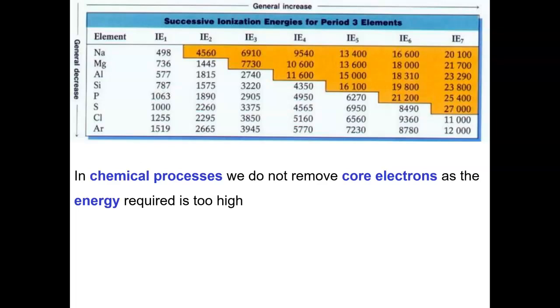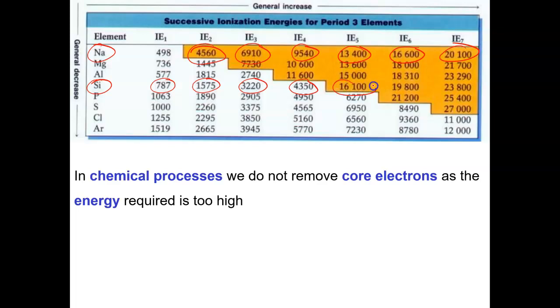If I look at the element sodium, sodium's in group 1A, so it has one valence electron. And you can see that the electrons that are removed after the first electron are really, really tough to remove. If I go to silicon, silicon is in group 4A and has 4 valence electrons. As we remove each of these valence electrons, we see a modest increase in the ionization energy.